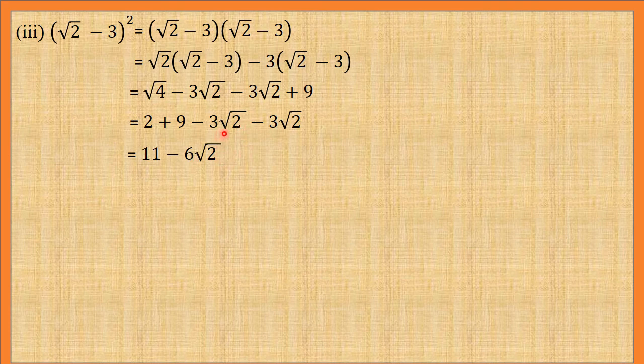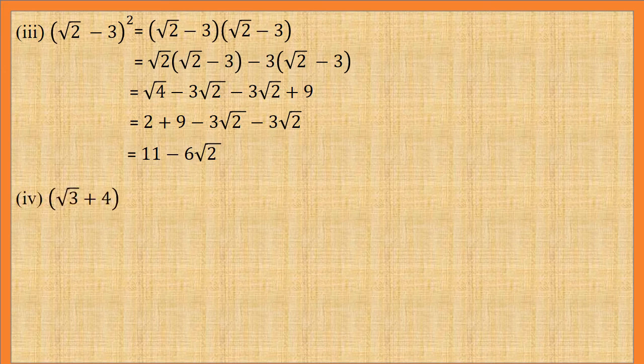See that we are applying the subtraction of surds here because they have the same radical. So just pick one, then you combine the outside term. So we have negative 3, negative 3, that gives us negative 6. So square root of 2 minus 3 all squared will be 11 minus 6 root of 2.